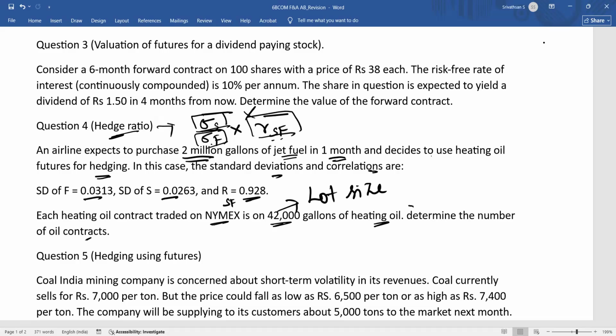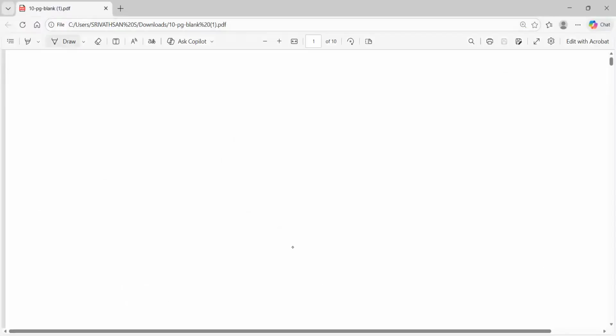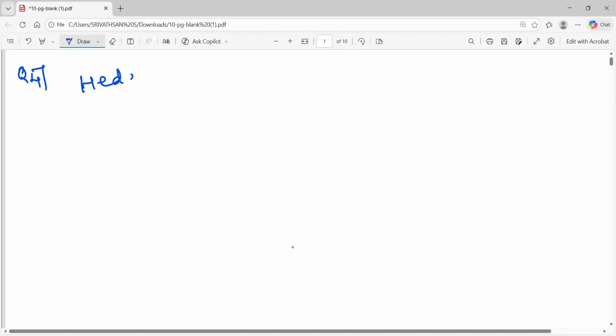So in order to calculate the number of contracts, first we need to calculate the hedge ratio. So what is the formula for calculating hedge ratio? Standard deviation of spot divided by standard deviation of future, into correlation of spot and future.